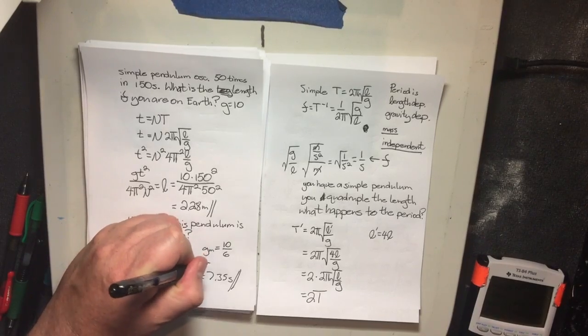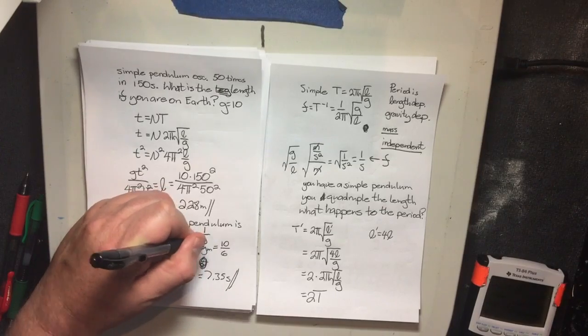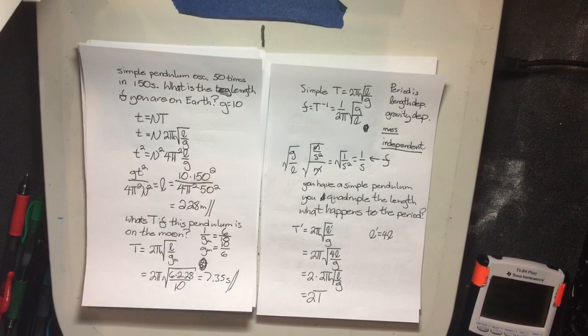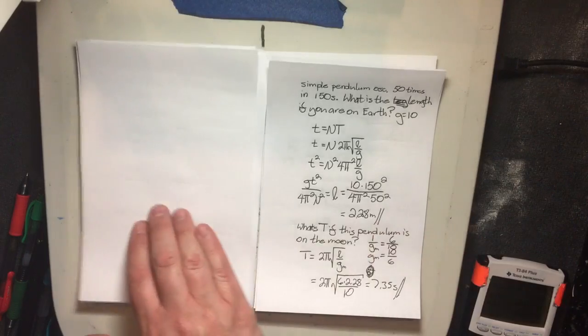So 1 over g sub m is 6/10. And so that is a simple pendulum.